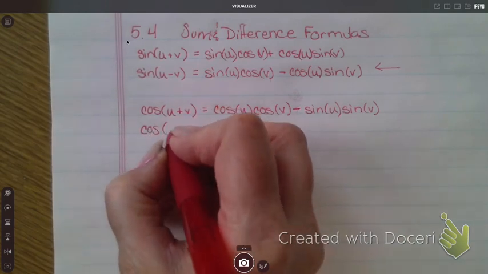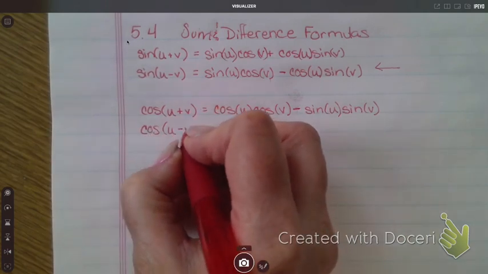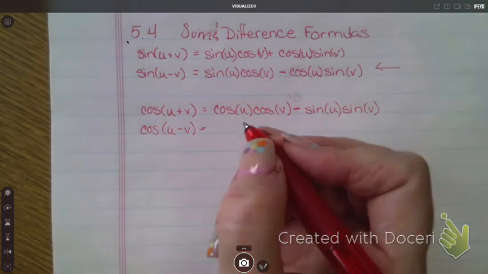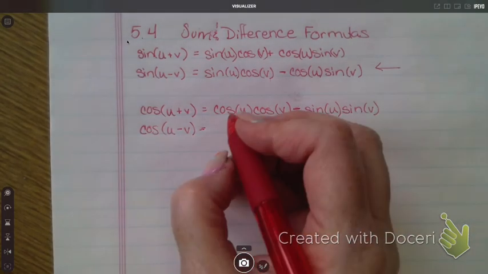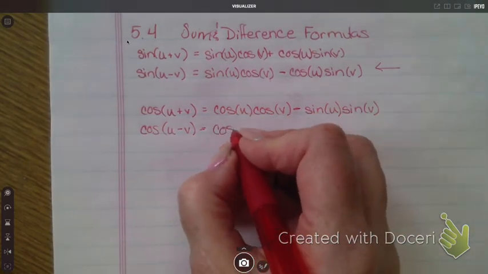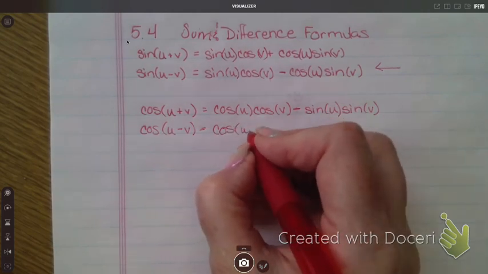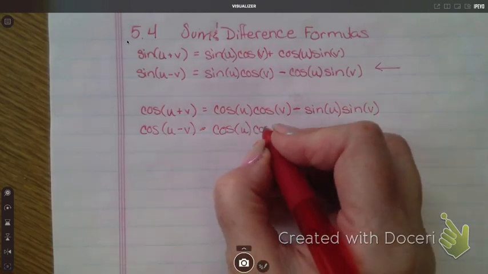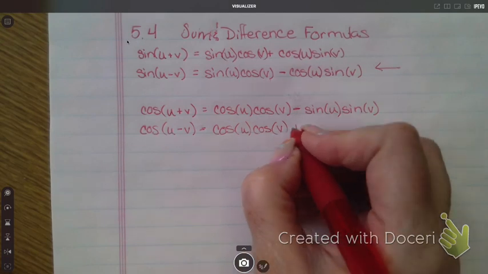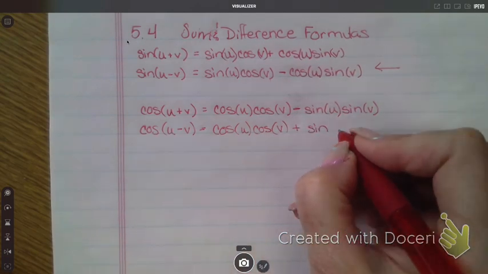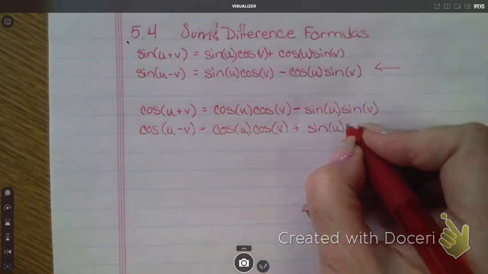The difference, u minus v. Anybody want to venture a guess on this one? It's cosine u cosine v plus sine u sine v. Yep.